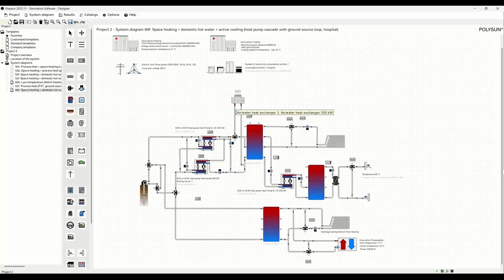And we have this air-water heat exchanger to get rid of excess heat in summer, for example. And then the heat pumps can operate either for the cooling process or for the heating process, and can use both the buffer tanks as sinks or sources.